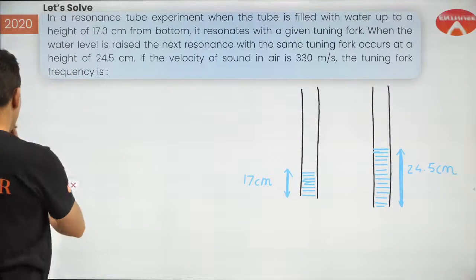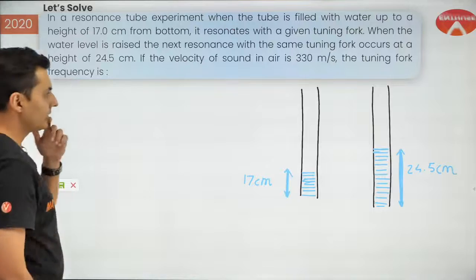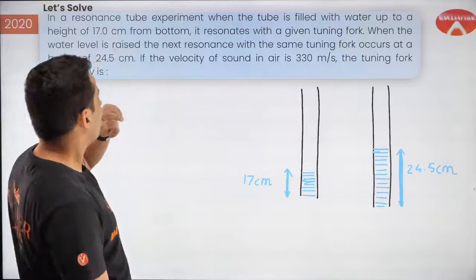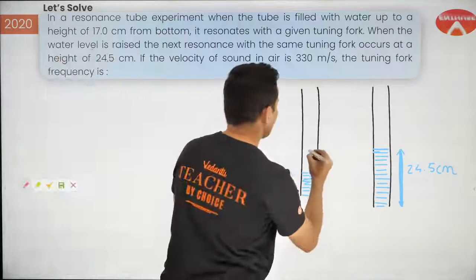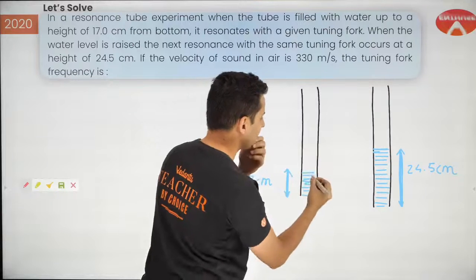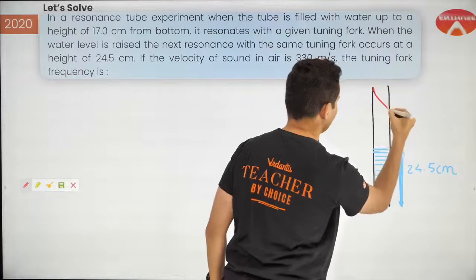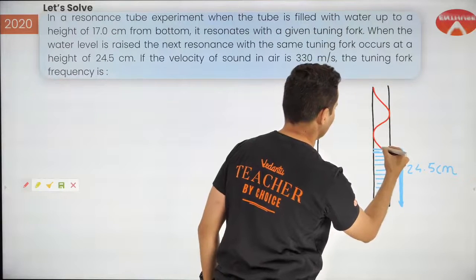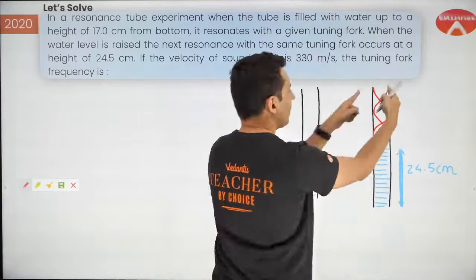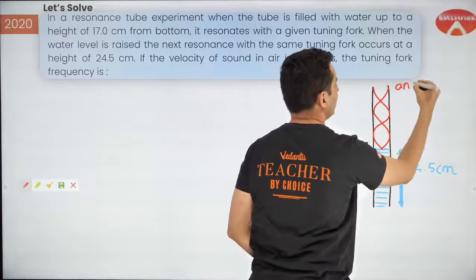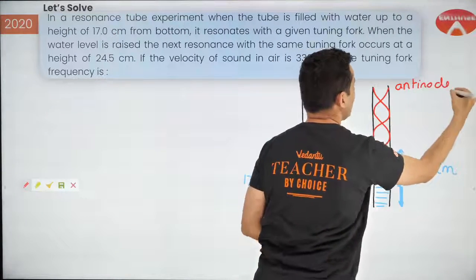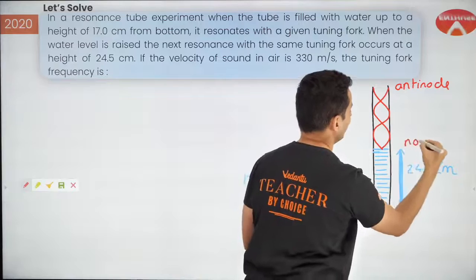Now remember one thing, I have told you this. If I have to show the standing waves, let me show approximately how it will look. Open end will have antinode, keep this in mind. This acts like a closed end, so there will be a node here.